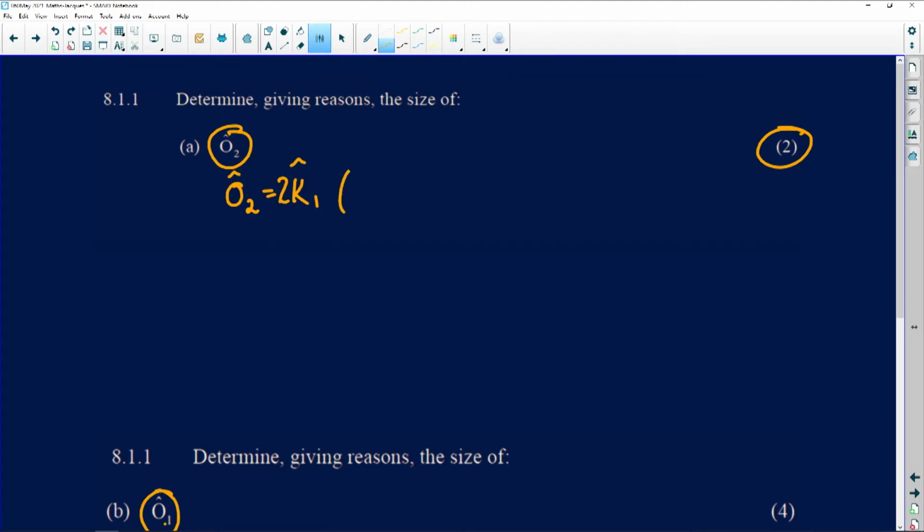The reason for that: the angle at the center is twice the angle on the circumference. And that's our reason for 2 marks. So O2 will be 64 degrees because K1 was given as 32.